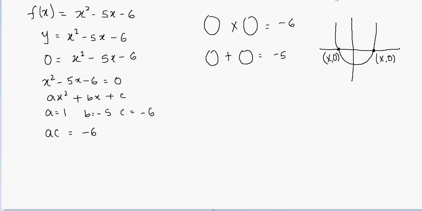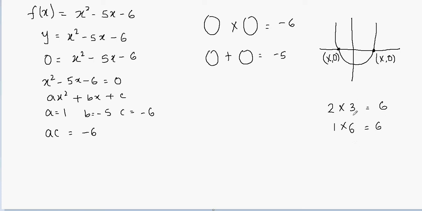Now let's write down the factors of 6. I'm just ignoring the signs for a bit; we'll figure out the signs of our factors later. I know that 2 times 3 is equal to 6, or 1 times 6 is equal to 6, and that's it. These are the factors of 6.